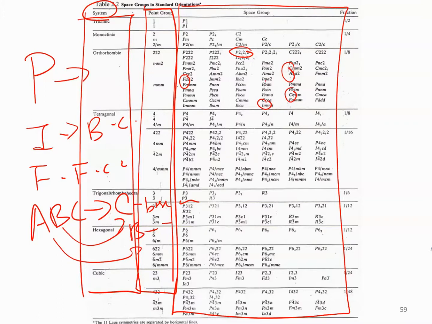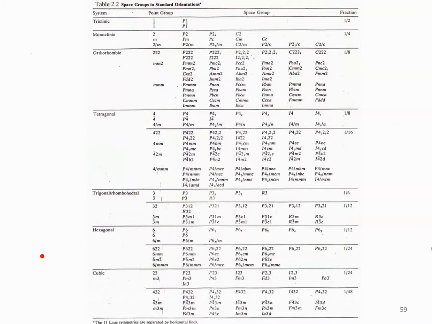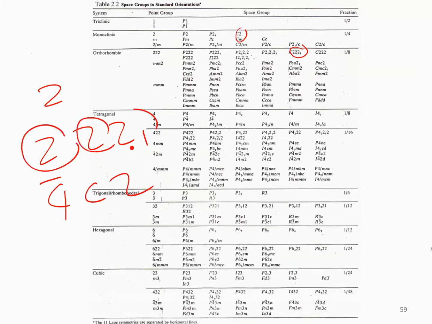So after the first symbol, it is followed by some symbols; some have 1, some have 3. Okay, this one 2, this one 2, 2, 2, 1. This one is bar 4, C2. All these are the symmetry operations. At this moment, you may not know what is the meaning of 2, what is the meaning of C, what is the meaning of 2, 1, what is the meaning of bar 4.